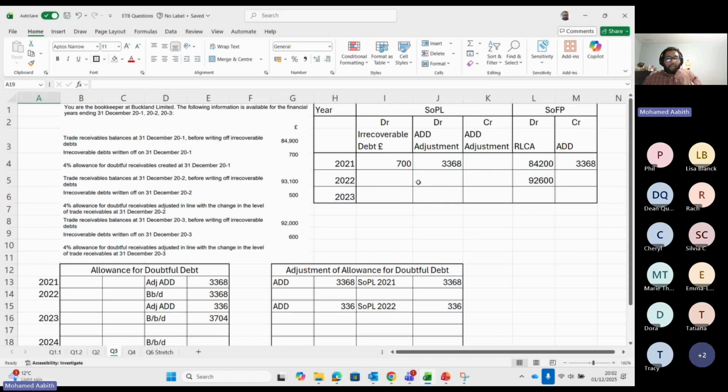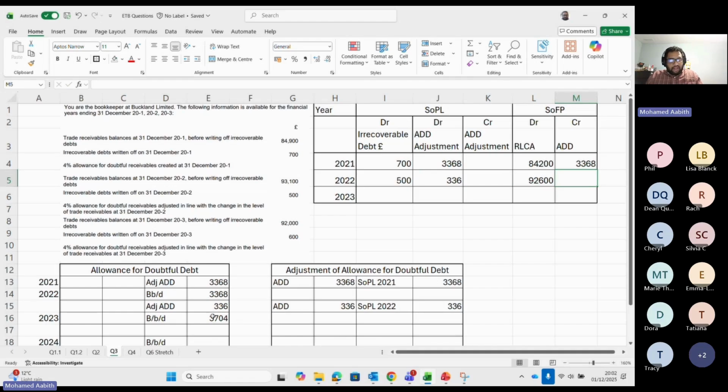So here, what are the entries we are making? We have to make 500 now. And here, do I have to increase the adjustment? Yes, this adjustment is now increased on the debit side, 336 pounds. But what is my statement of financial position figure for the allowance for doubtful debt?